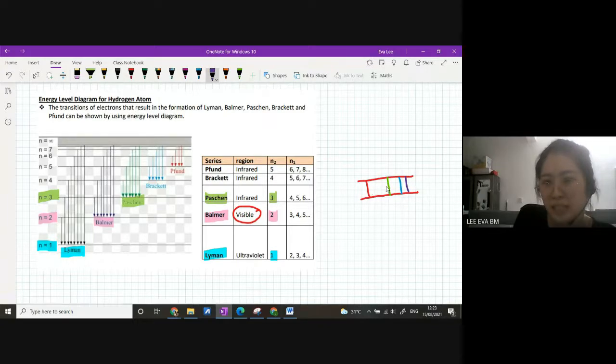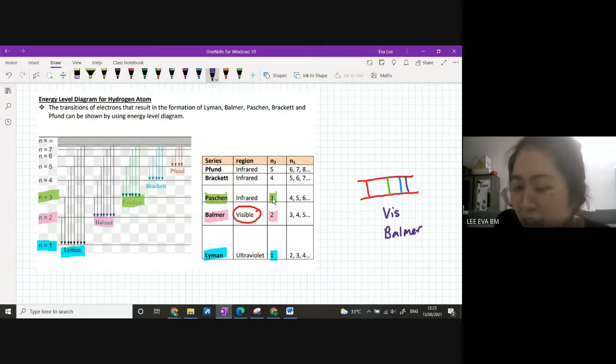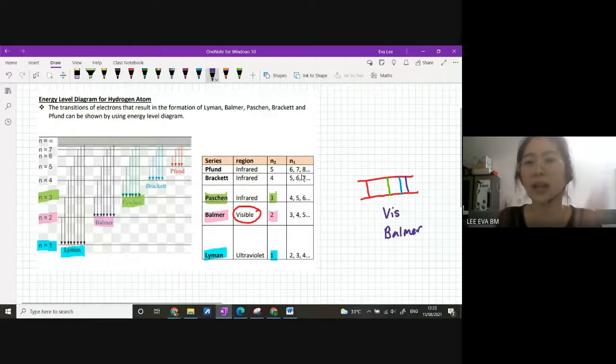When you can see these colors, it is actually under the visible region. It represents the Balmer series. This is a clue. You see this green, this pink color, this blue color. Actually all of these are in the Balmer series, visible region.